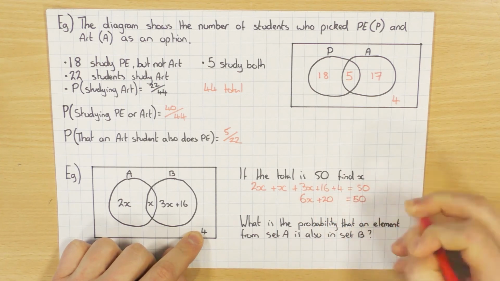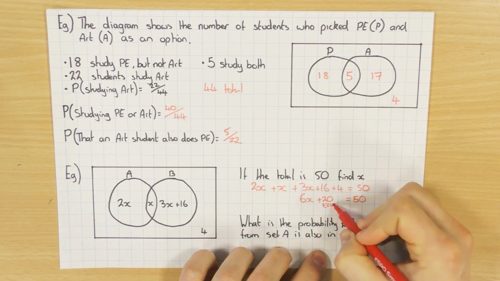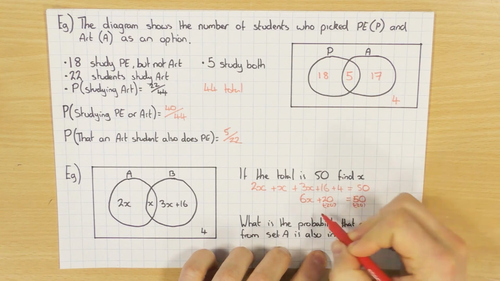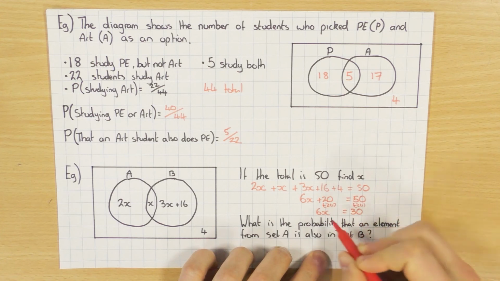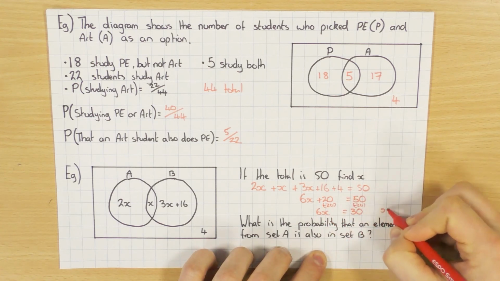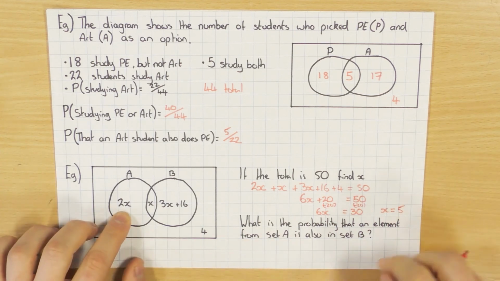And that equals 50. So you can do the flow chart or the balance method. I'm going to do the balance method and take away 20 from both sides. So 6x equals 30. Then divide both sides by 6. So x equals 5.